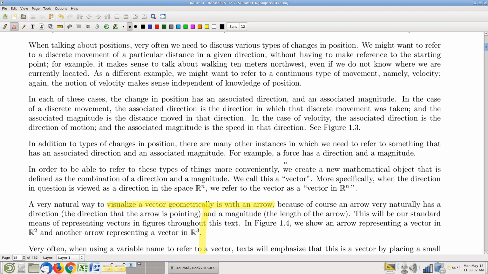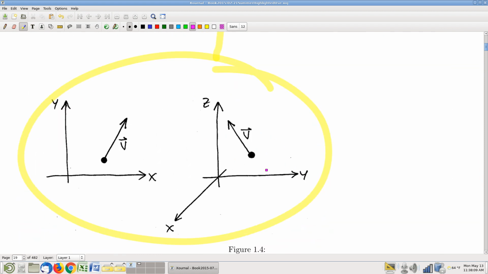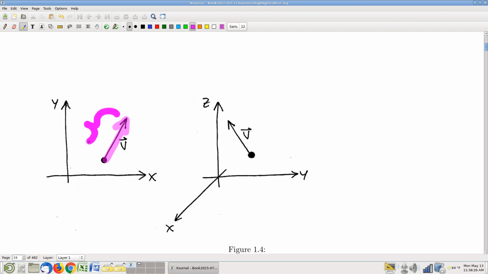Okay, how do we represent vectors? Well, you've already seen me do it. Arrows are a great way to represent a direction and a magnitude, because arrows point in directions that I can see based on how I draw them. They have magnitudes in the form of how long you draw the arrow.